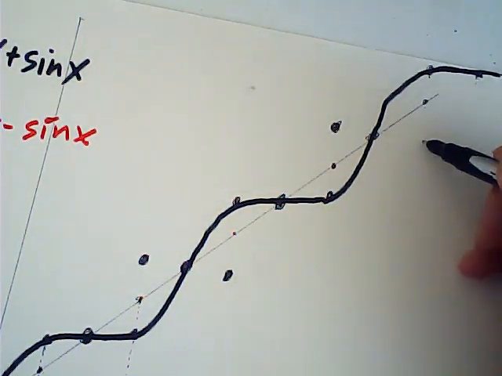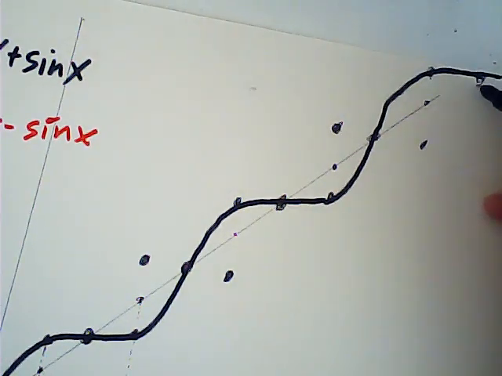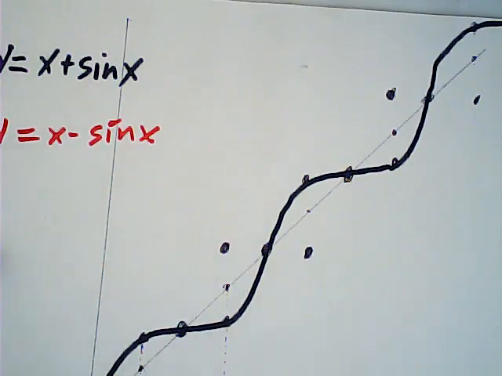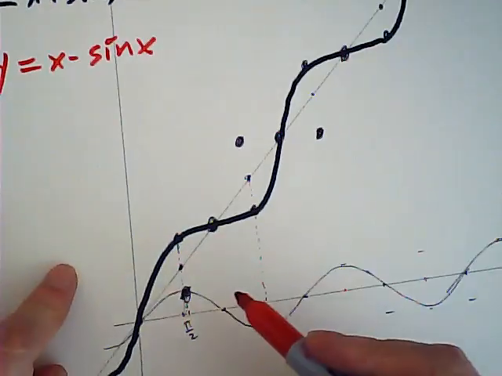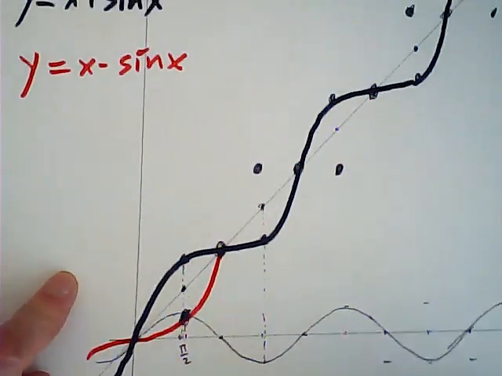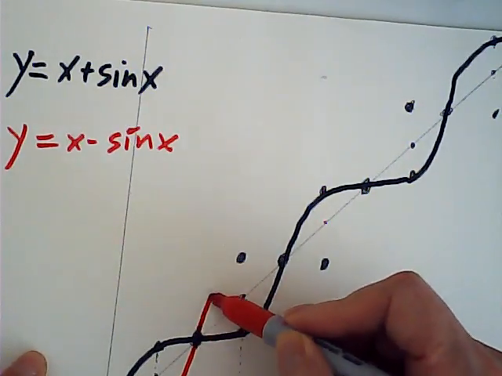Sine and minus. So we will have this one, right? And point of inflection.